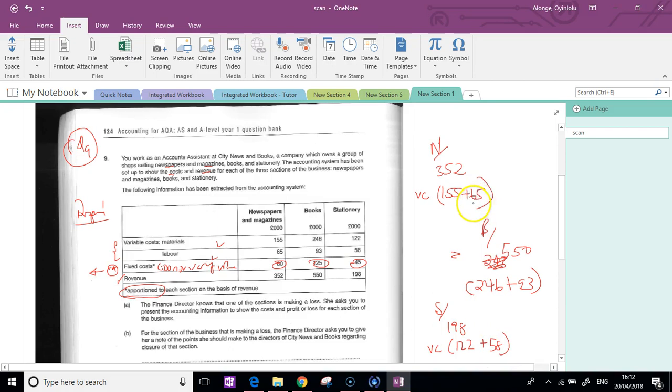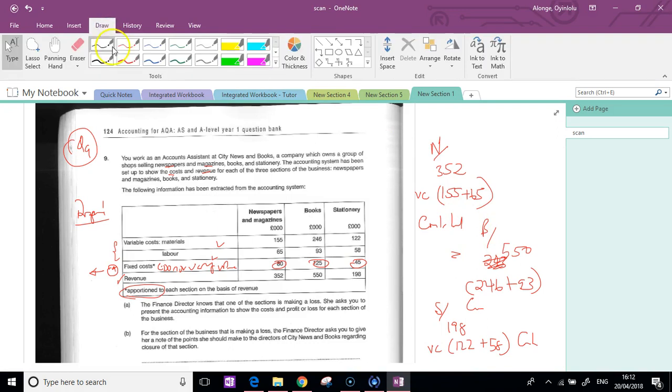So we can work out what the contribution is for each of these, and that's really what these are making. We just had to apportion and give each of them some kind of fixed cost. I'm going to change the color of my pen.